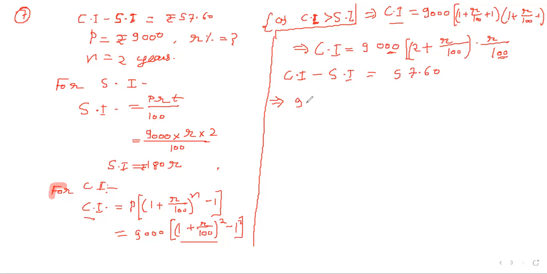So 90 into R, this R can be written before the bracket, into 2 plus R by 100. Clearly it will be a quadratic equation, minus simple interest is 180 R equals 57.60. So we have to solve this quadratic equation.